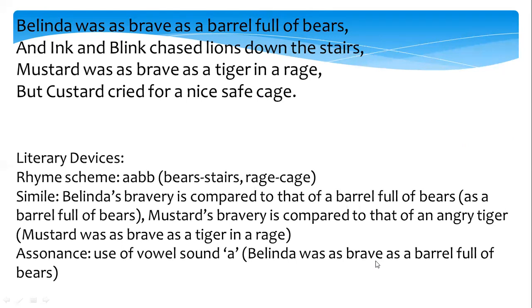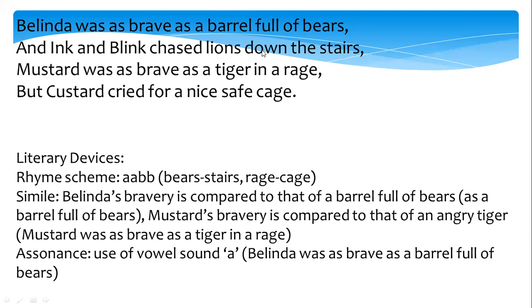So now the poet explains the inner strength or the bravery of the various characters of the poem. He says that Belinda was as brave as a group of bears, and Mustard is compared to a tiger, and Ink and Blink chase lions down the stairs, means their power is being compared to the lion.